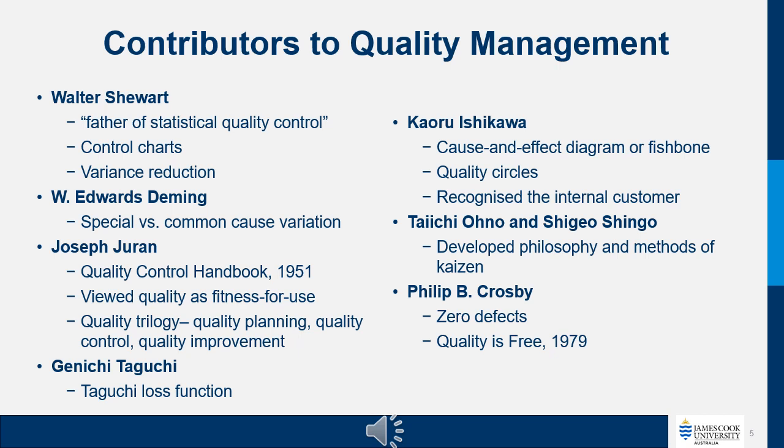With Ishikawa, definitely you hear about the cause and effect diagram and fishbone. Taiichi Ohno and Shigeo Shingo developed the philosophy and method of Kaizen, and Crosby looked into zero defects. So there are many important people in history who contributed to quality management, and we should be able to acknowledge them.